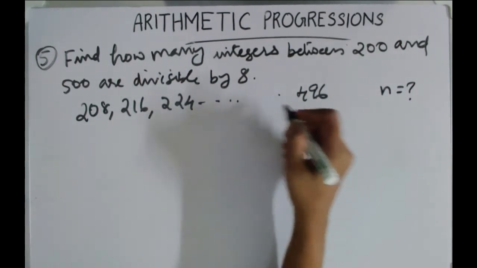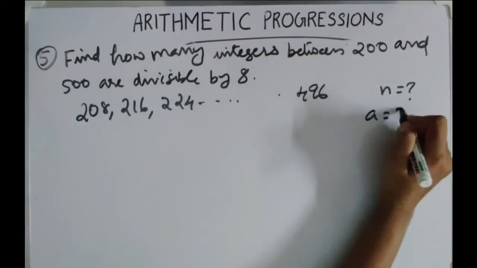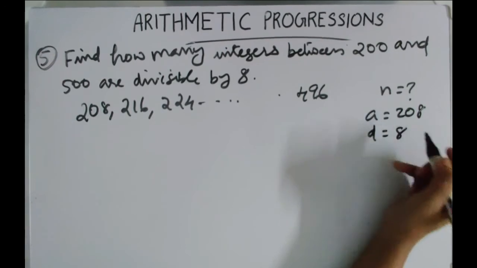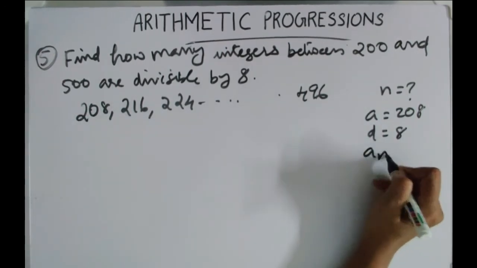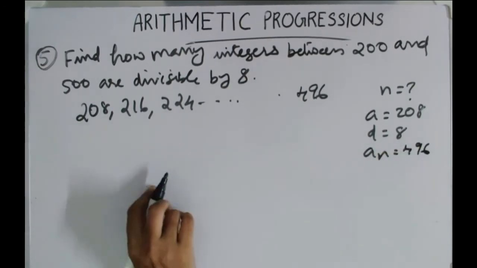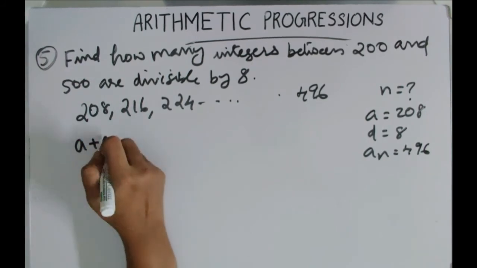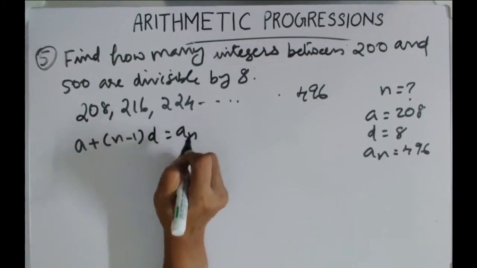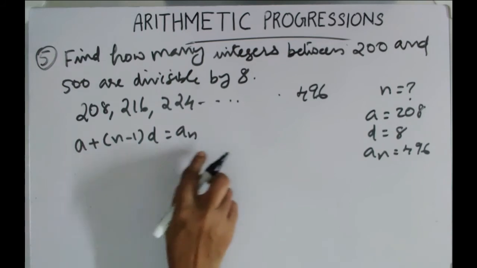Here given that a equals 208, d is 8, then an equals 496. Then we know the formula a plus (n minus 1) into d equals an. Substitute the values of a, d and an.